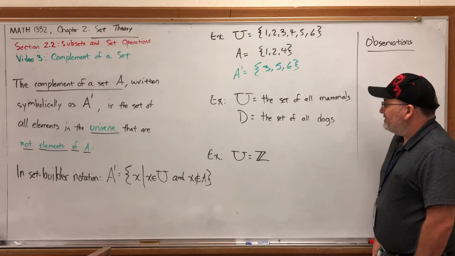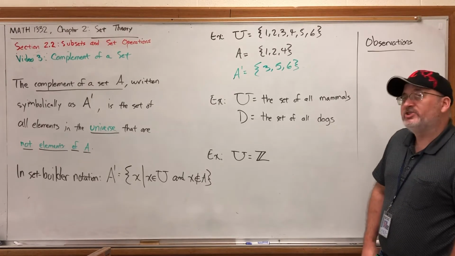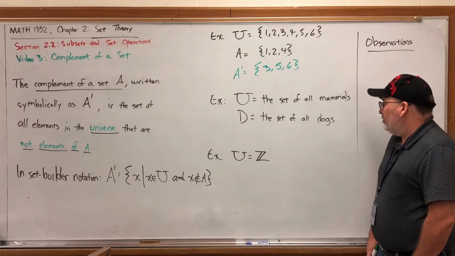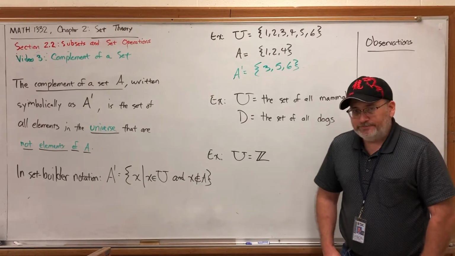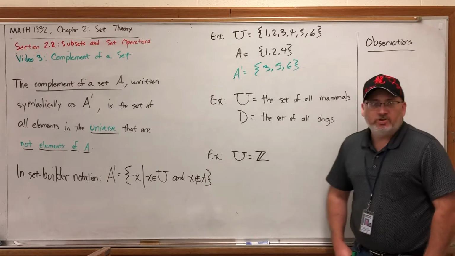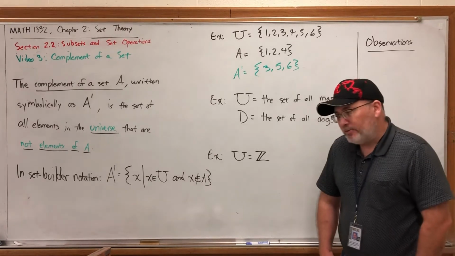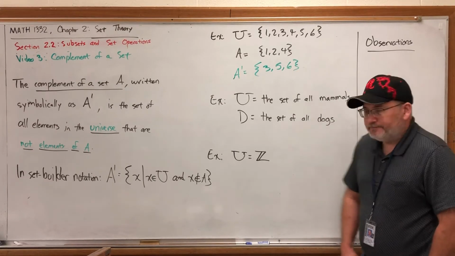Let's take a look at the next example, which has sets that are described and not listed in roster form. U is the set of all mammals in the world: humans, dogs, cats, elephants, porpoises, whales. Yes, they're both mammals. And any other critter classified as a mammal.